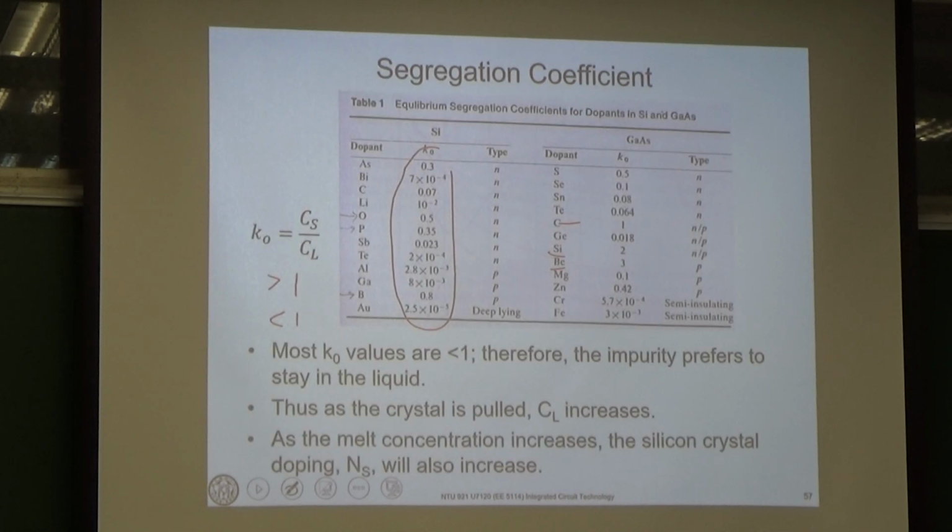Okay, so here, let me ask you a question. If you want to choose the dopant from this table, which one will you choose? Do you want to choose, let's say, phosphorus, or do you want to choose arsenic? For N-type, which one will you use? Or for the P-type dopant, let's say boron or gallium or aluminum, which one will you choose?